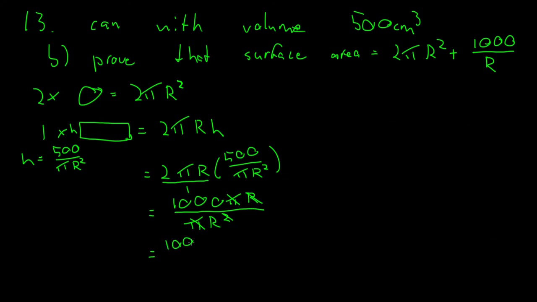You get 1000 over radius. Therefore, 2 pi r squared plus 1000 over r. And that is the proof for this question B.